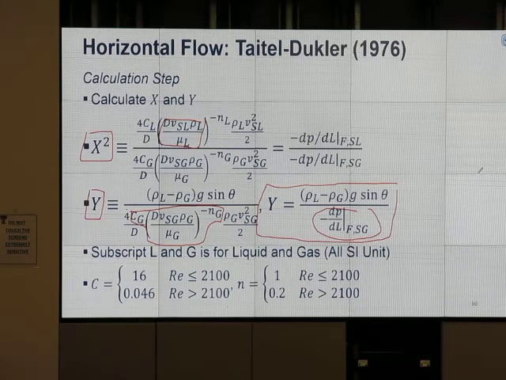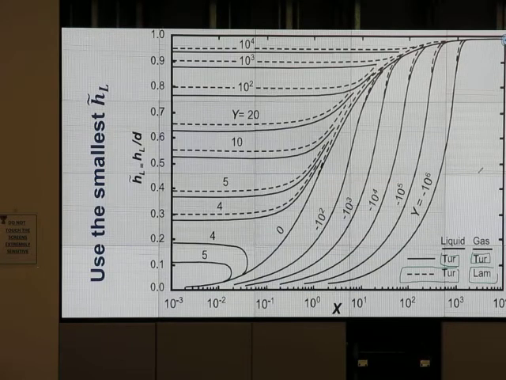If it is less than 2100, laminar flow. But the superficial Reynolds number doesn't tell if the liquid phase is laminar or turbulent. To get the actual Reynolds number, I need the liquid holdup, but I don't have it yet. But just estimate, you may use that one, so that you know whether you use the dashed line or solid line.